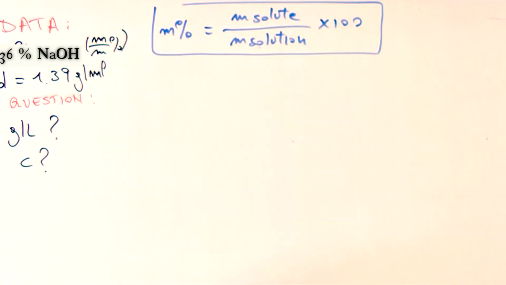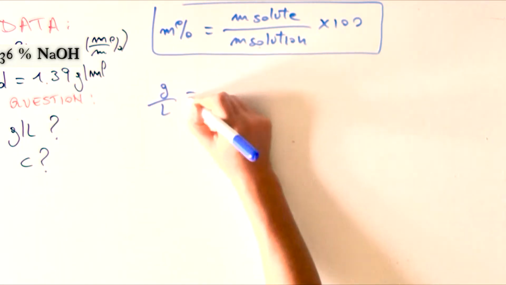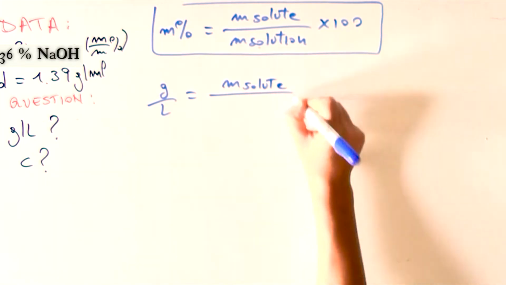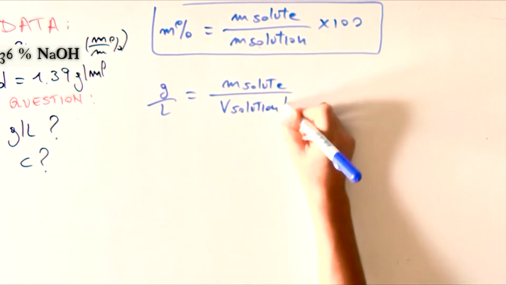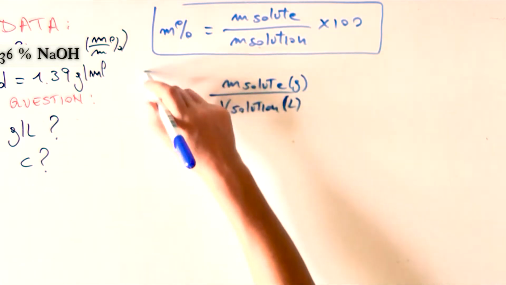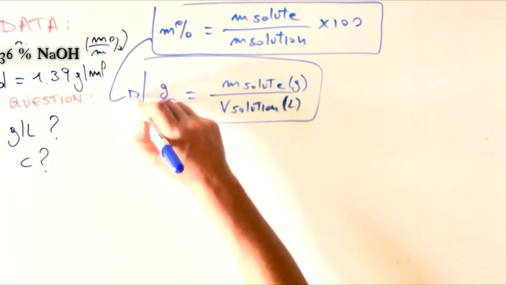We have the first one. The second one is gram over liter, which is mass of solute divided by volume of solution in liters. This is gram per liter. Okay, so how to go from this one to this one?